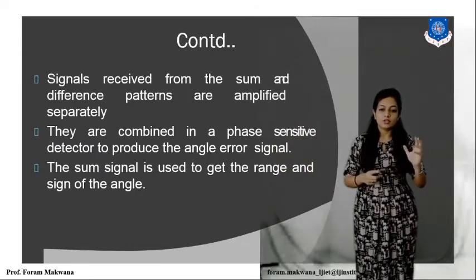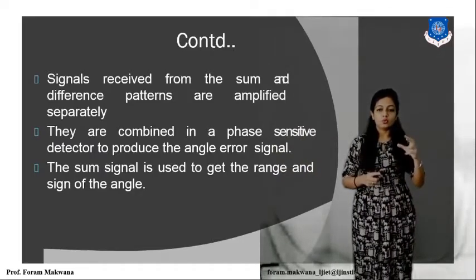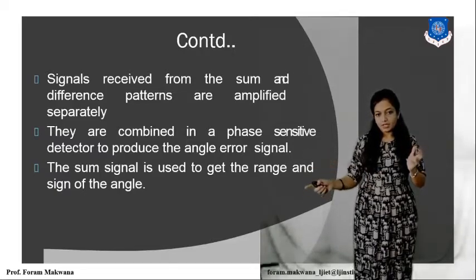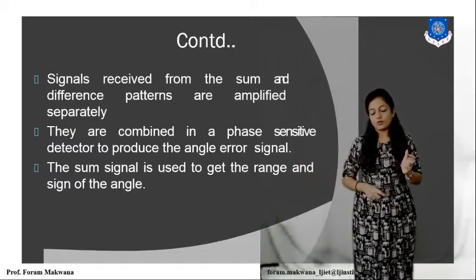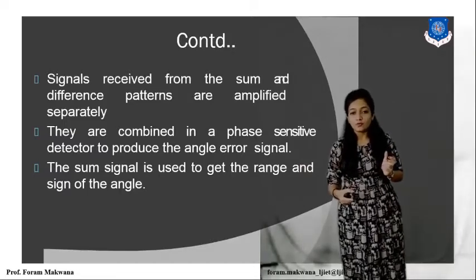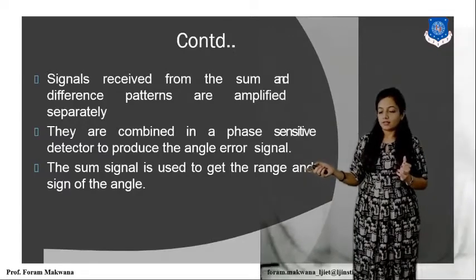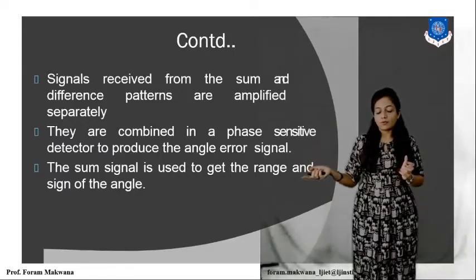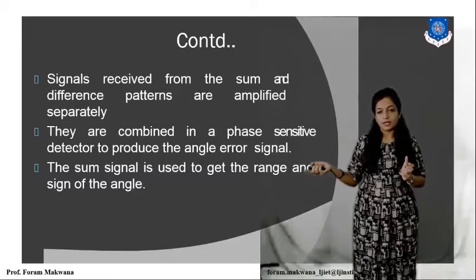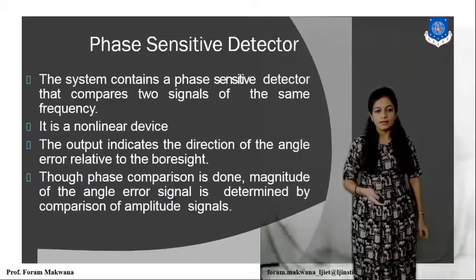So on which angle we need to rotate the antenna. The sum signal, as I have told you, is used to get the range information, and the subtraction signal, or the difference signal, gives the information about the angle.